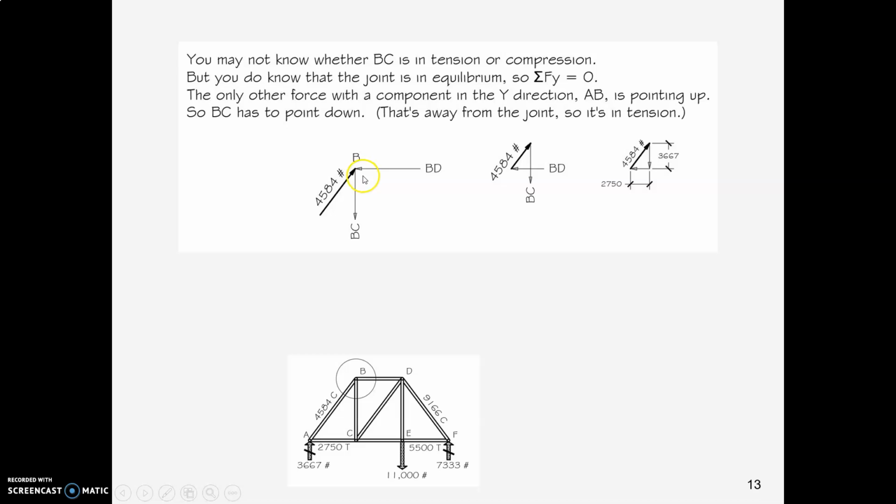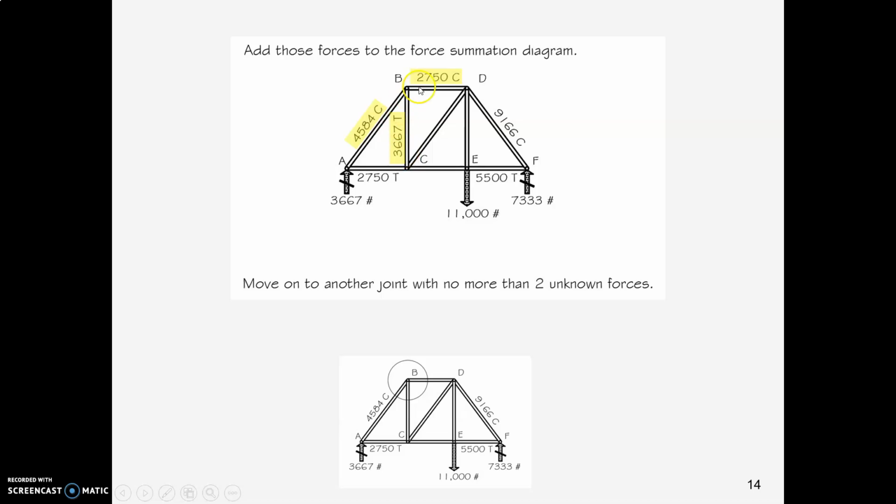That means you've got to have some y direction stuff pointing down. Otherwise it would fly apart. It wouldn't be in equilibrium. So from that, I concluded this vertical one must be pointing down, which means it's pulling away, it's in tension. So that's how I drew it. Then I made them tip to tail. I found the numbers, and I put those numbers on my force summation diagram.